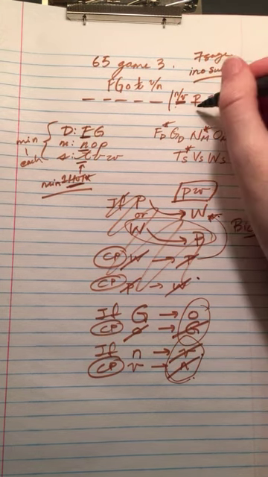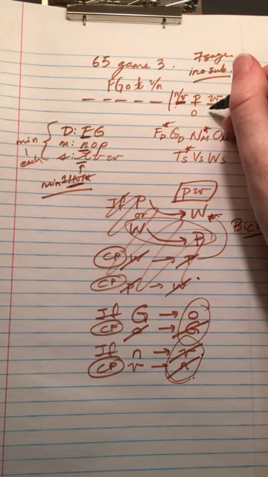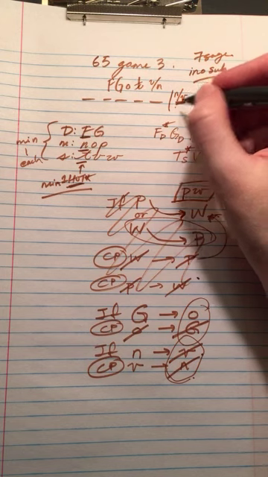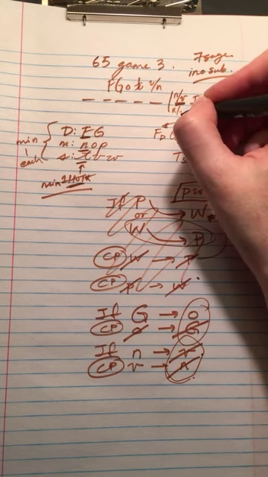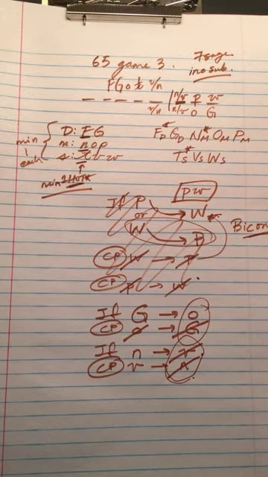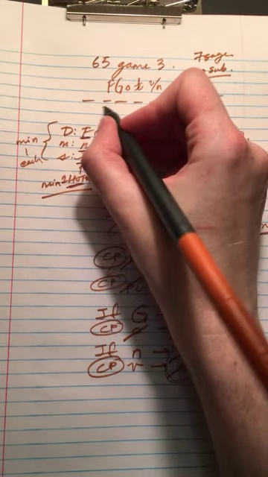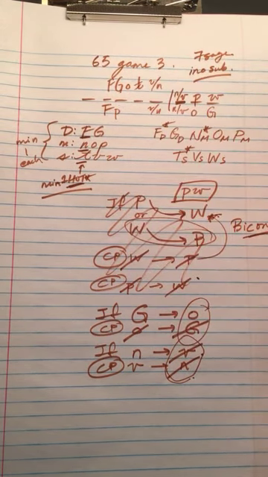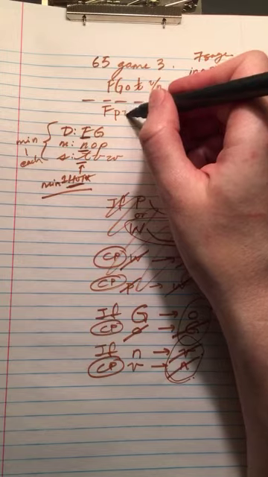Also, if O is out, we would get more information, right? So if O is out, then G is also out. N or V is going to fill up that space, so V or N will have to be in, and then every other player is in. So F is in, P is in, W is in, right?